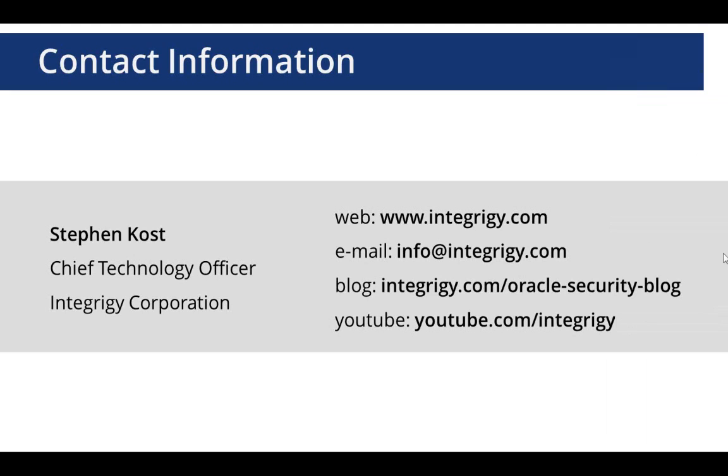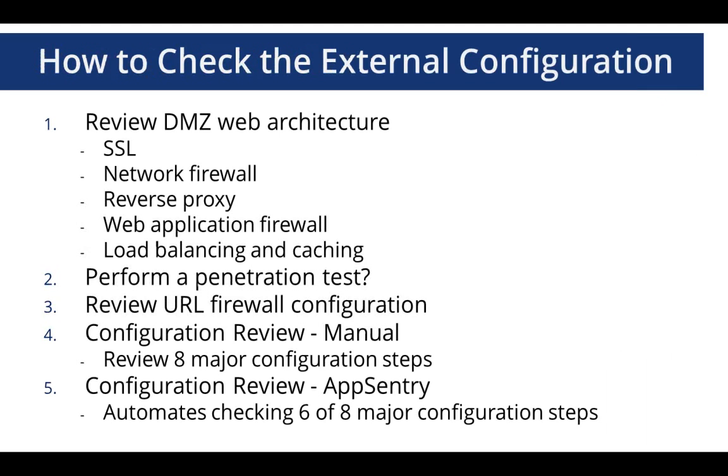What specific tests should be done to secure the internet-facing applications? As we walk through, when you're looking at the external configuration, spend some time and effort actually testing and making sure that you can't access those pages.